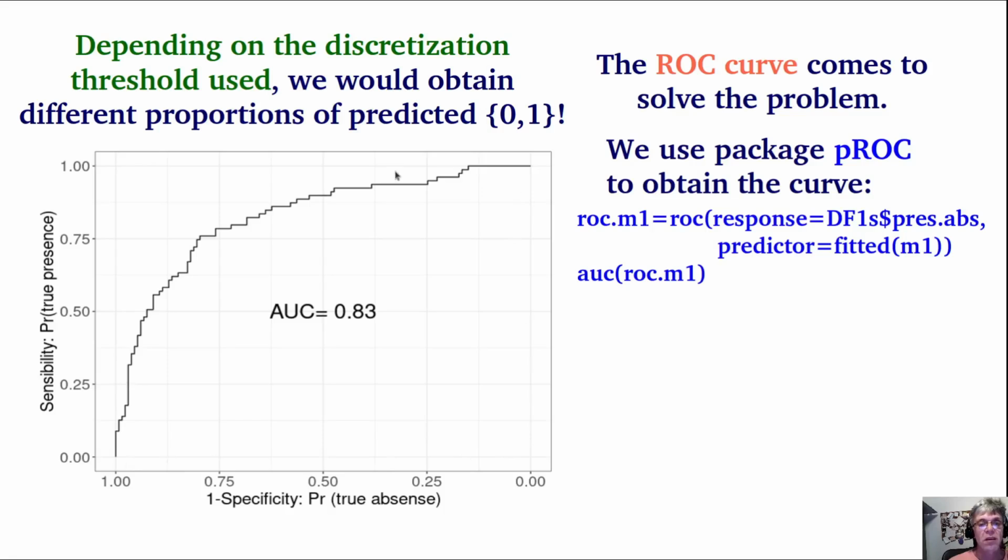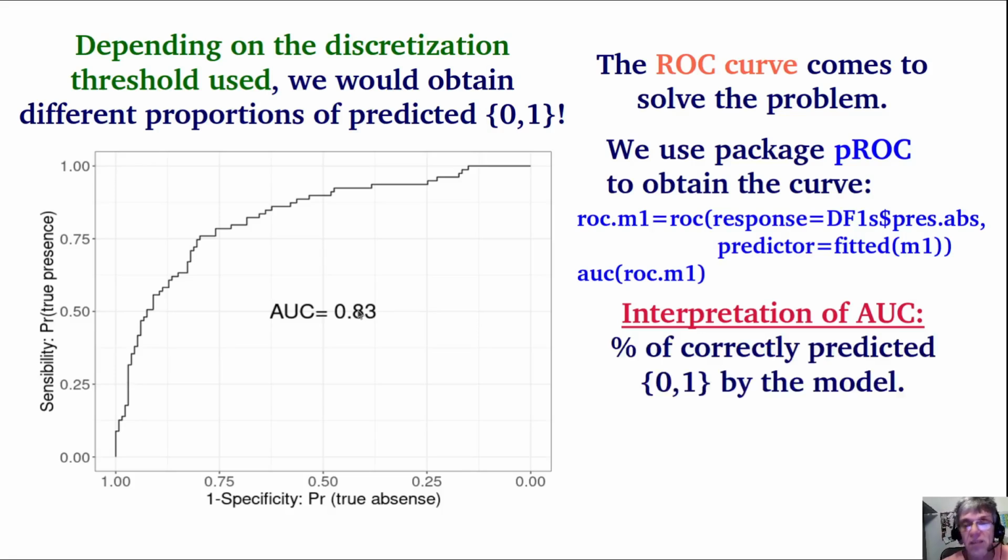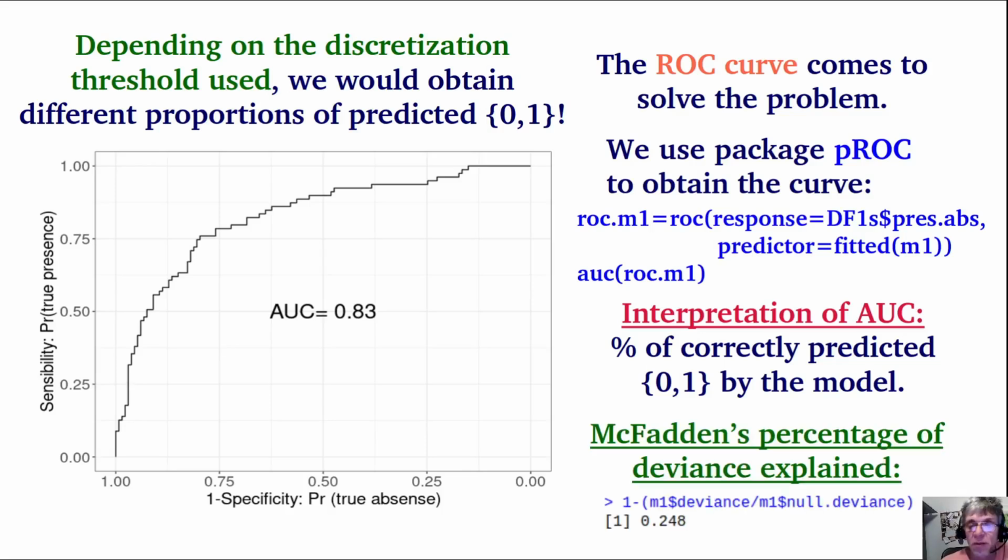It's a rectangle with each side of length 1. So the area under the curve actually summarizes this curve into a single number. The interpretation of the AUC is the percentage of correctly predicted zeros and ones by the model.